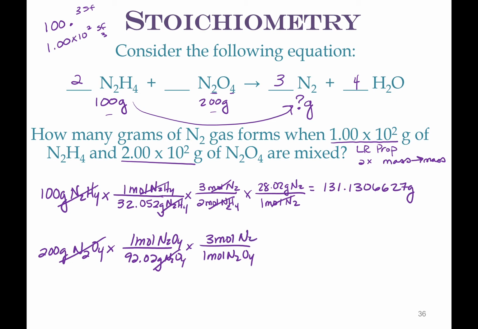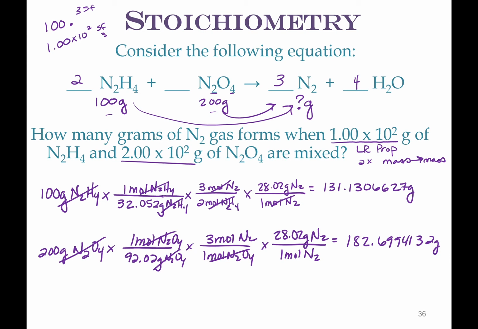And again, we're always going to the question mark. And every 1 mole of N2 has a mass of 28.02 grams of N2. When I calculate that in my handy dandy calculator, I get 182.699413.2 grams.